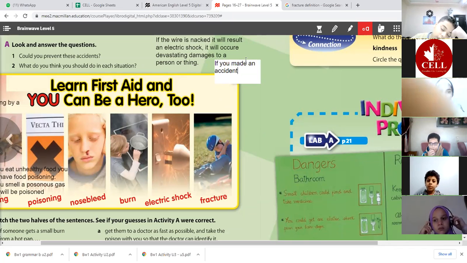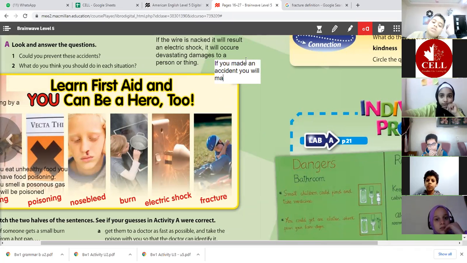You may get a fracture. Will, may, what is the definition? You may get an accident. Get a fracture in your leg. Fracture begins with a consonant. You may get a fracture.